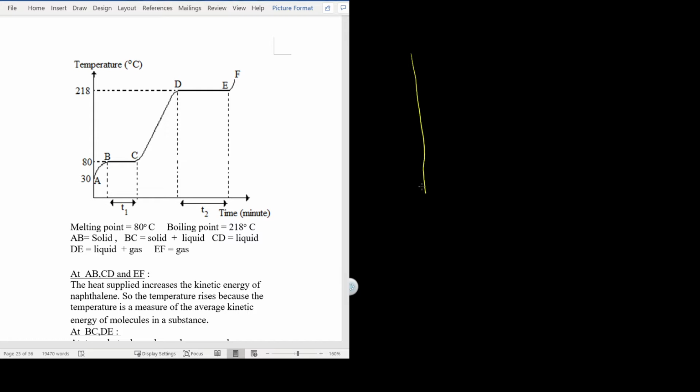Let's say this is our curve, and at this point here, given 80 degrees Celsius in your graph, from B to C, this point we call the melting point.